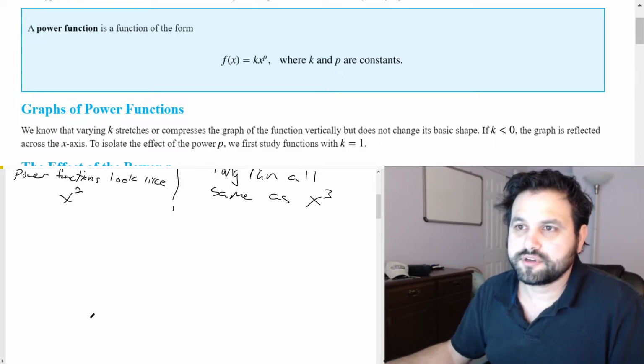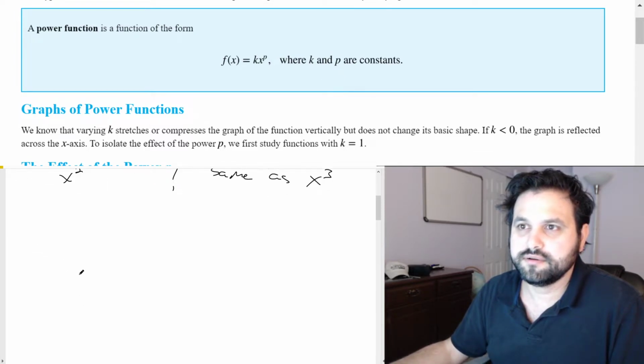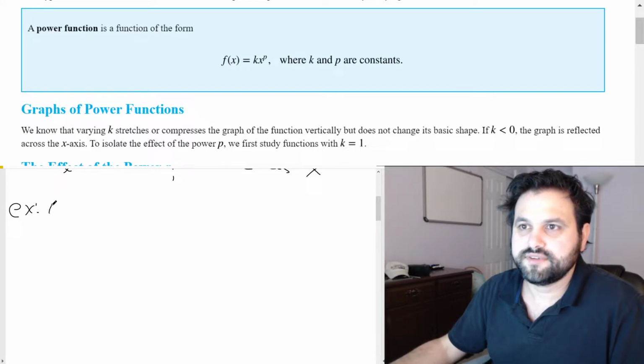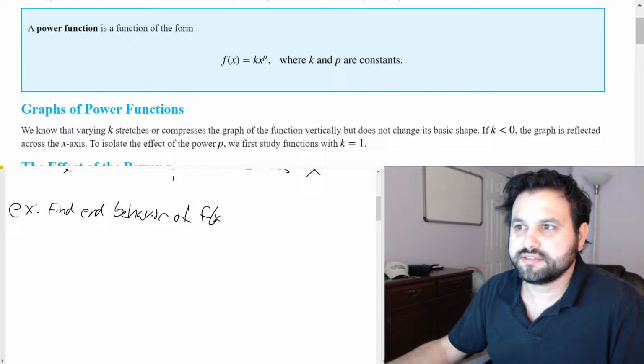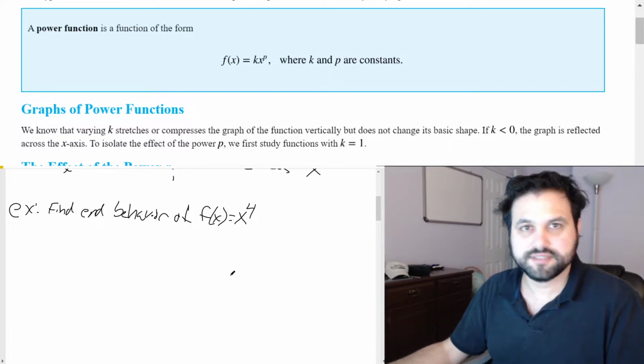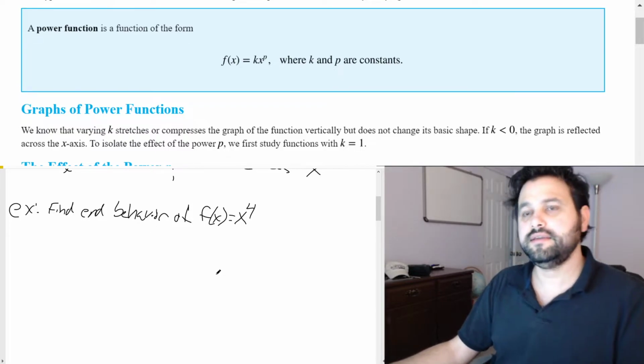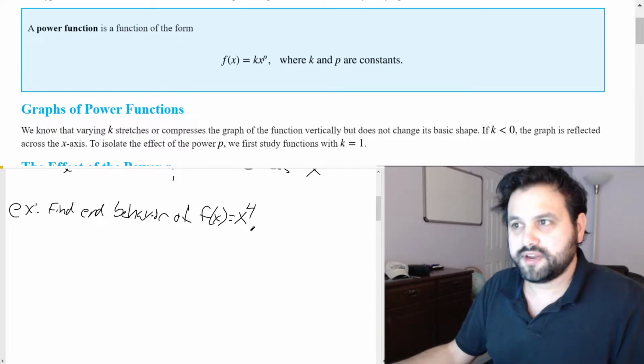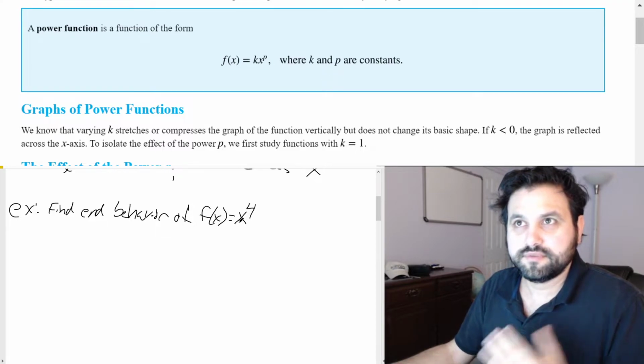So, for example, if we have an even, so find, let's say, find the end behavior of f of x equals, let's do x to the 4, right? Even exponent.